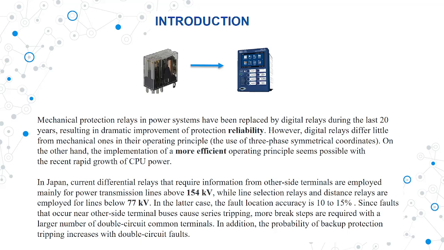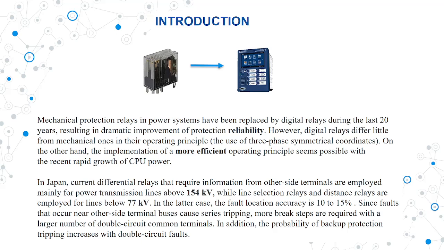These are numerical digital relays, composed of CPUs and programmed. This gives the system more protection reliability. A system with a numerical relay is more efficient than one with mechanical protection relays.